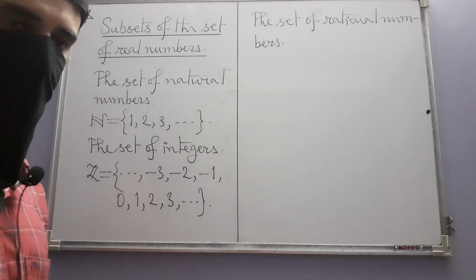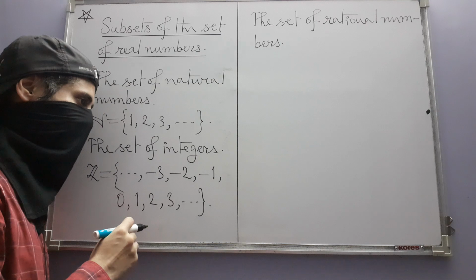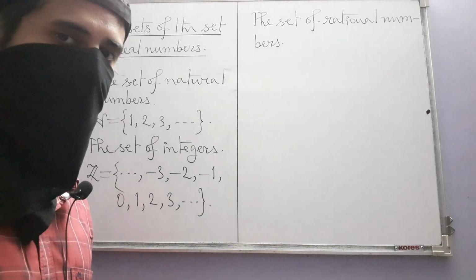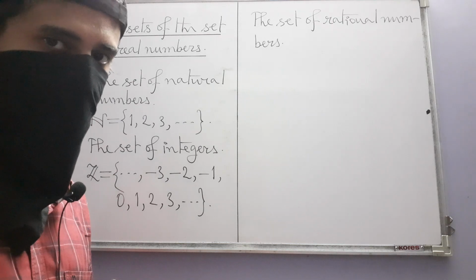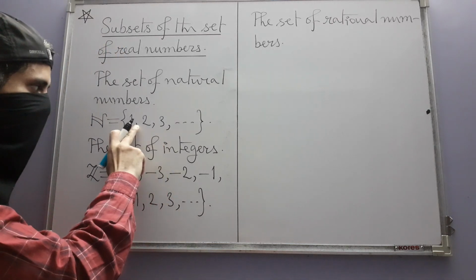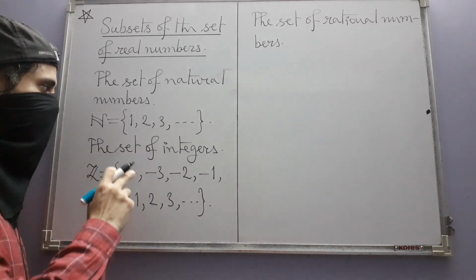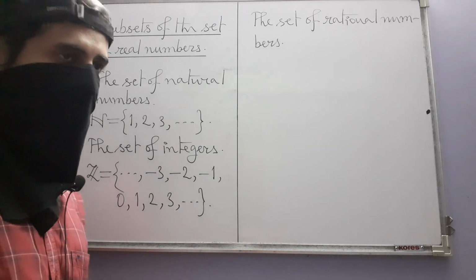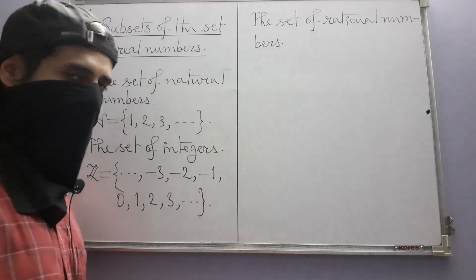In fact, it cannot be expressed in roster form because there is no definite pattern in which you can write the rational numbers. In what sense? Here also actually we haven't written all the natural numbers. That is not possible because there are infinitely many natural numbers. We can only hope to show finitely many of them.